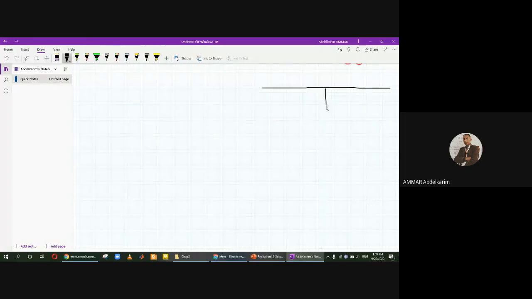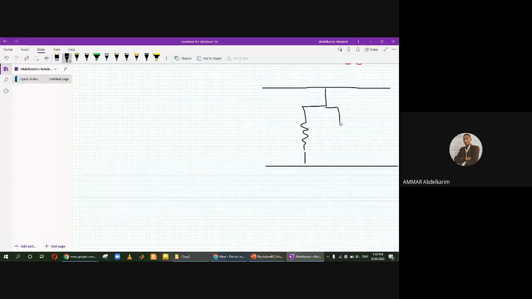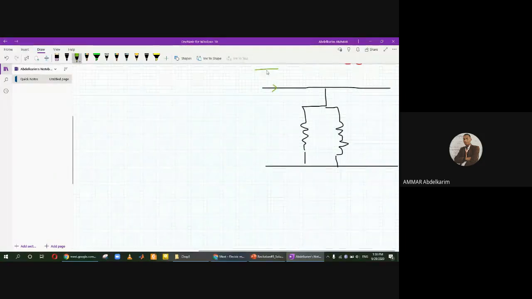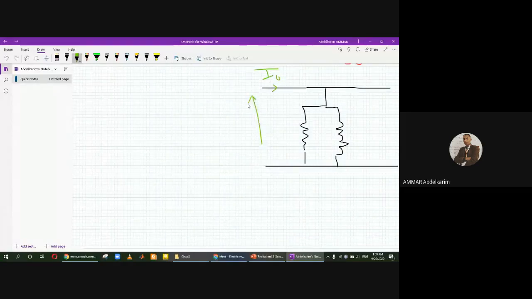So we have only the core losses resistance and the magnetizing reactance. The current here, I_0, where 0 indicates that it's the no load test, and V_0 or V. And we have, of course, a wattmeter that measures the power.